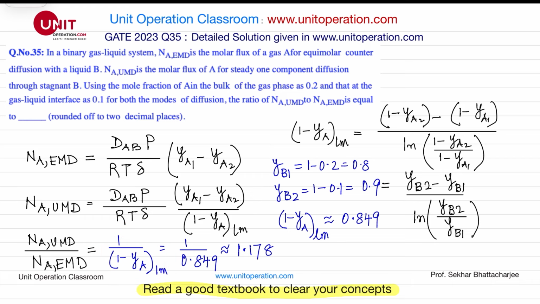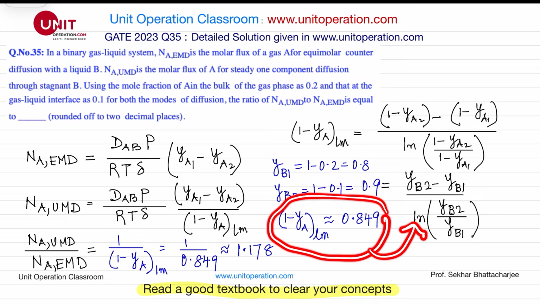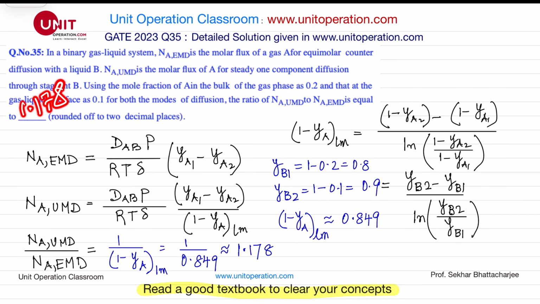By definition this is the log mean, and we know y_B1 and y_B2. Since this is 0.2 at the bulk, y_B1 is 0.8, and y_B2, which is at the interface where this is 0.1, is 0.9. So we can calculate this using this formula here. The ratio is 1.178. So that is the answer.